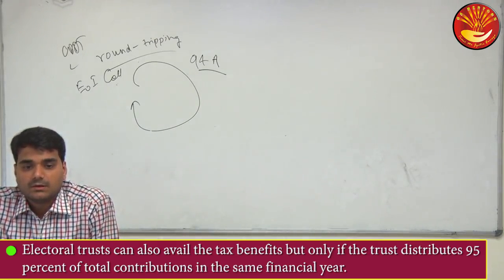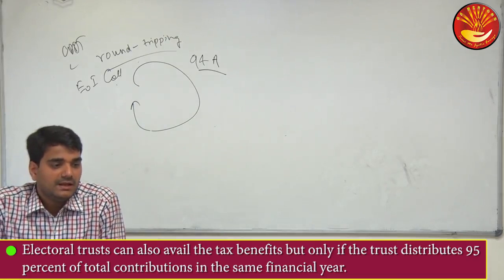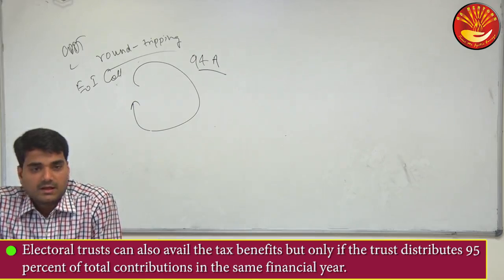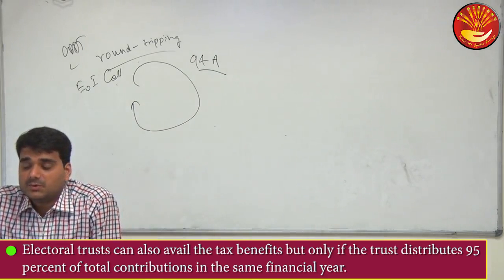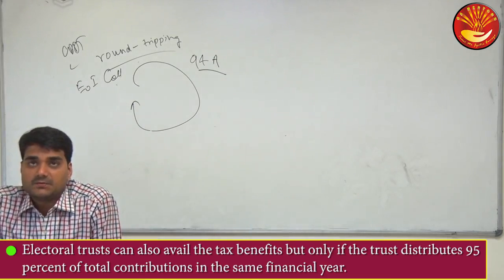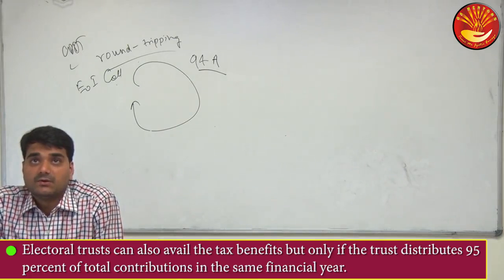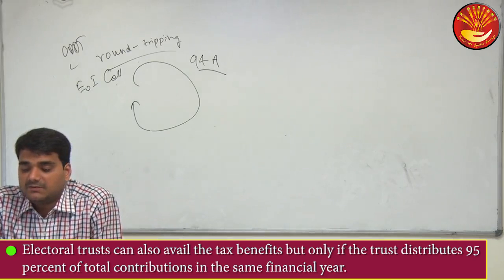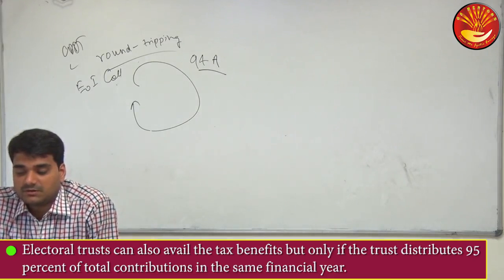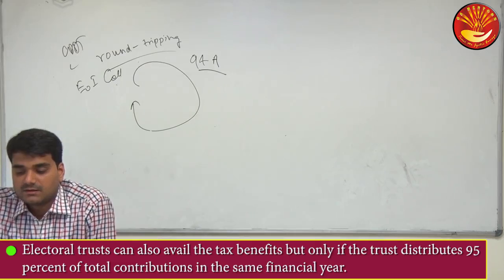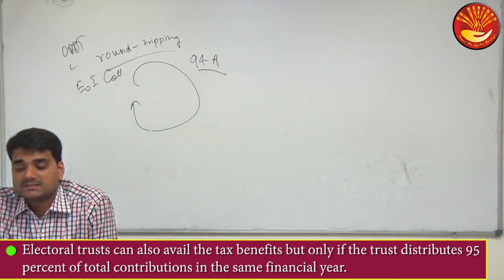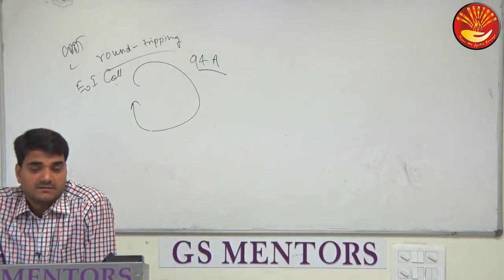Write down: electoral trusts can also avail the tax benefits, but only if the trust distributes 95% of the total contributions in the same financial year itself.